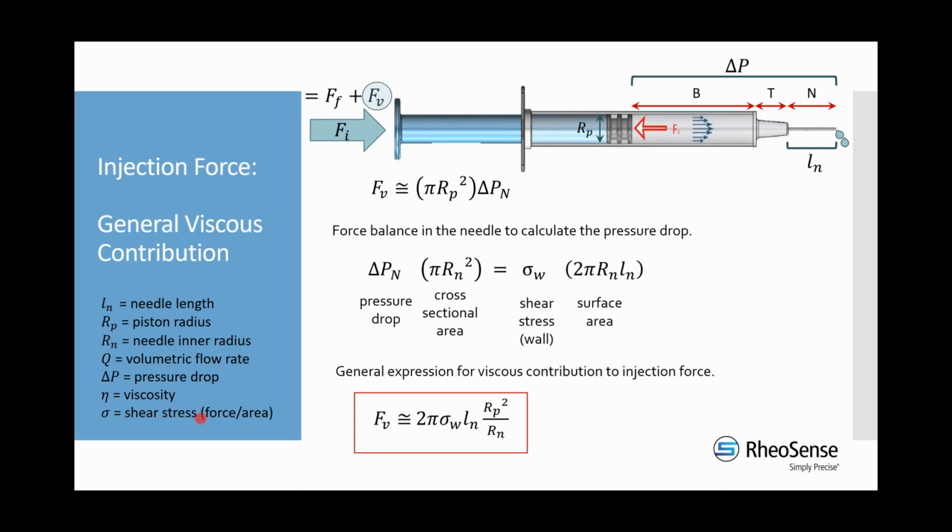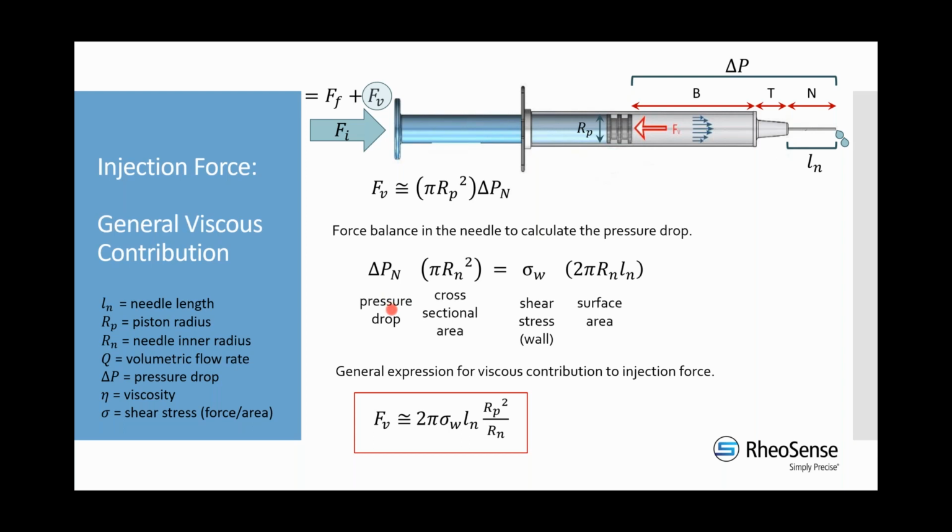We know stress is force per unit area. And so we know the pressure drop, which is a normal stress, and then the relevant area that we need to multiply that by to get the force. And then the shear stress is going to be multiplied by basically the wetted surface area of the needle. So this is going to give us that viscous force, and then this is that force coming from the pressure drop.